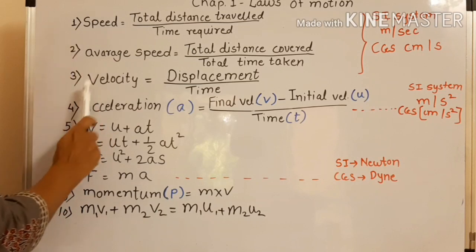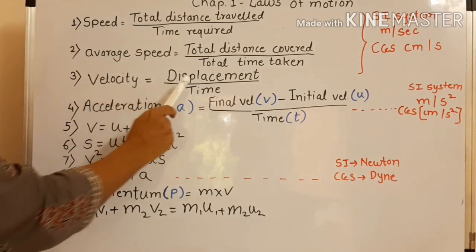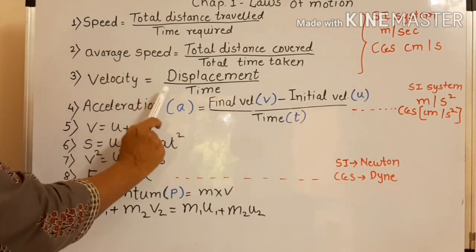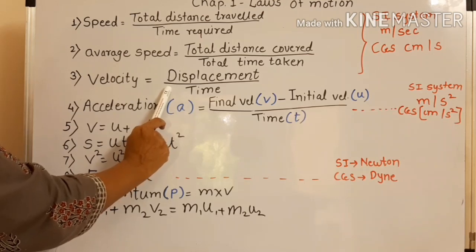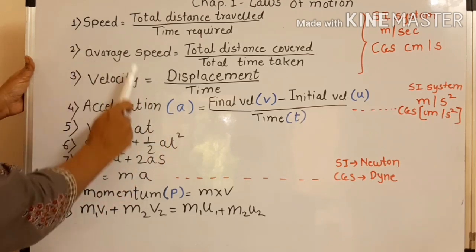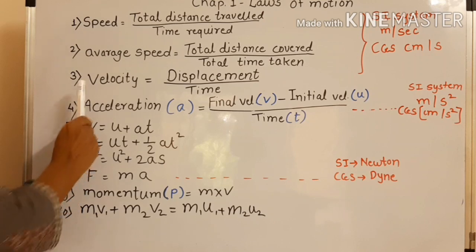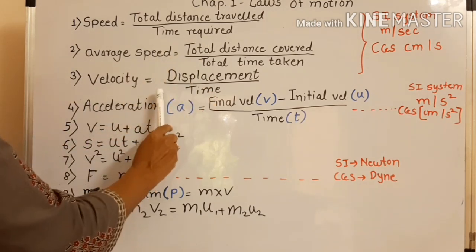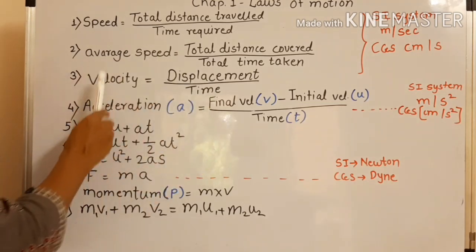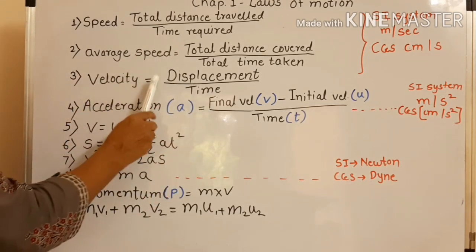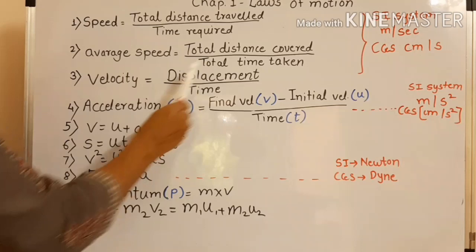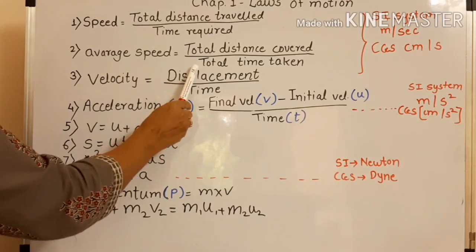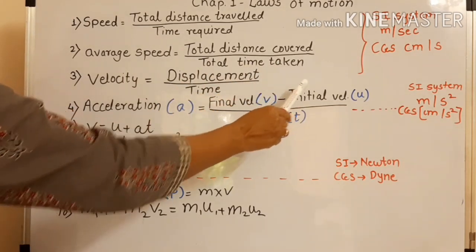Third formula, velocity, is equal to displacement divided by time. For the same formula, average velocity is equal to total displacement divided by total time taken.